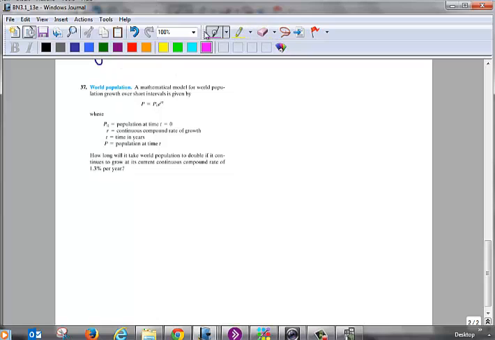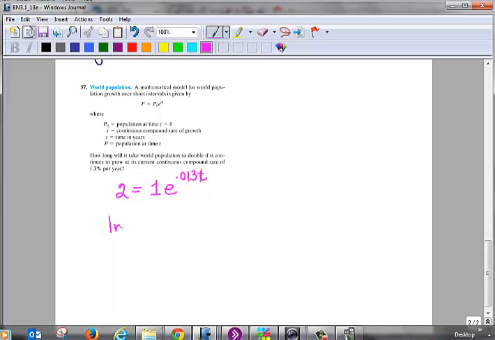So this is very much like the previous example where I want my population to double. So suppose after time t I have 2 and I started with 1. I'm a big advocate of using easy numbers. So this will be times e to the power of 0.013 times t. So my rate here is 1.3%.